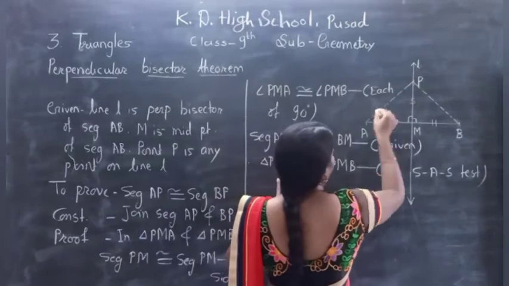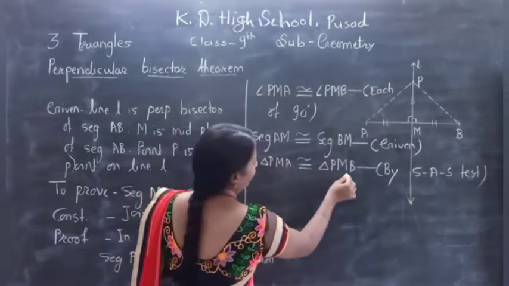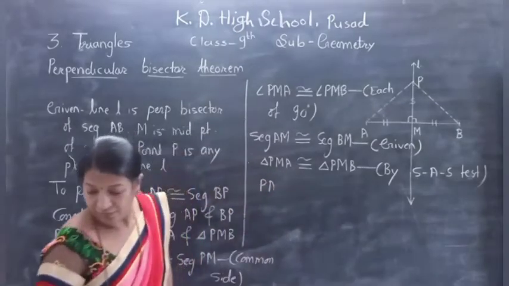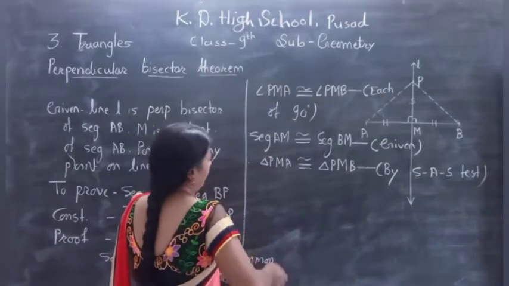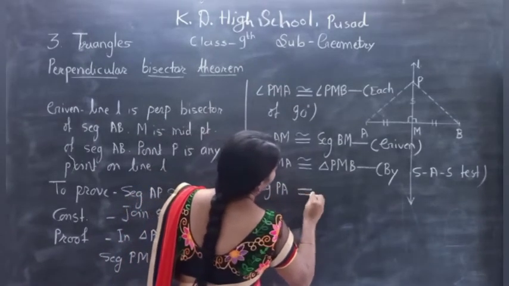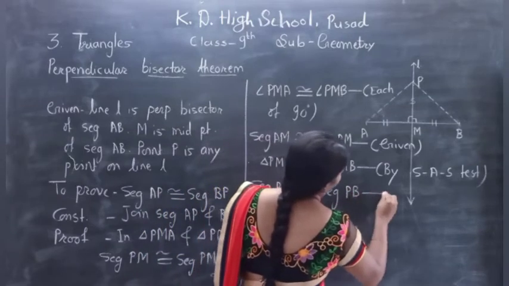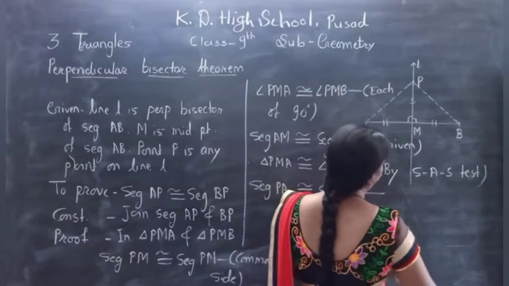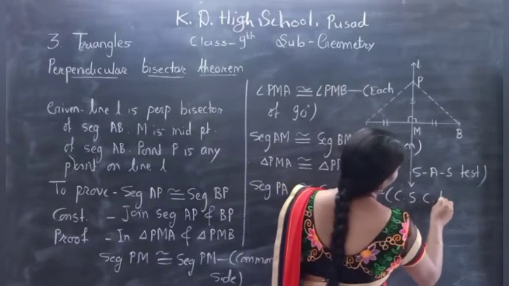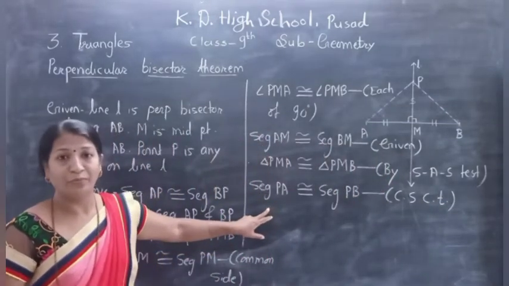Therefore, segment PA is congruent to segment PB. And what is the reason? We have to mention the reason here. That is corresponding sides of congruent triangles, CSCT. That is what you have to prove.